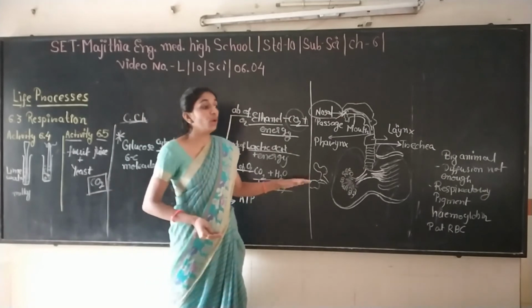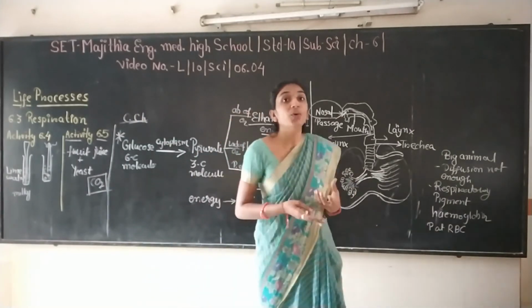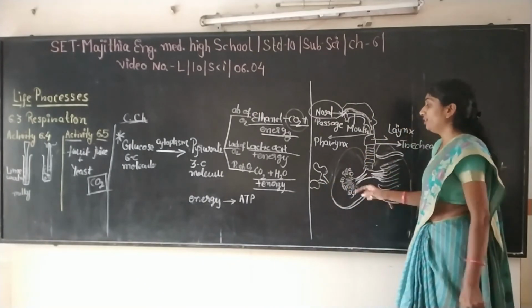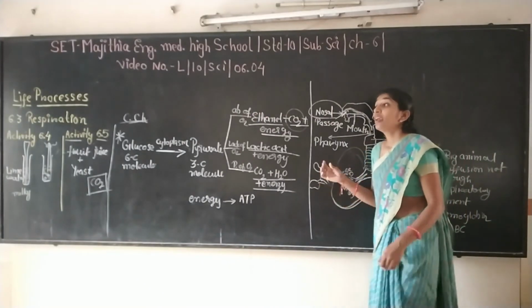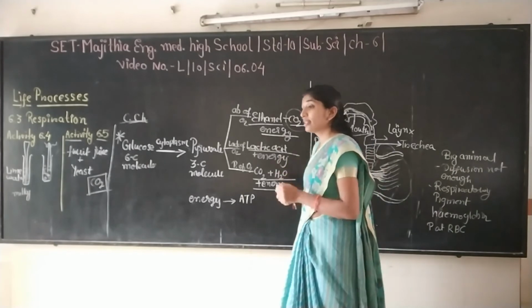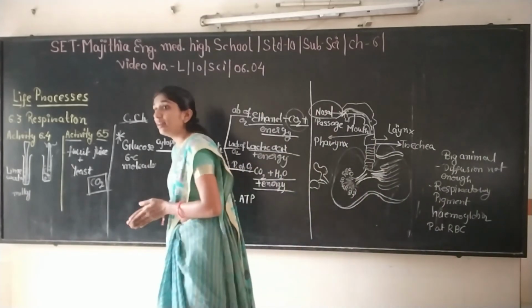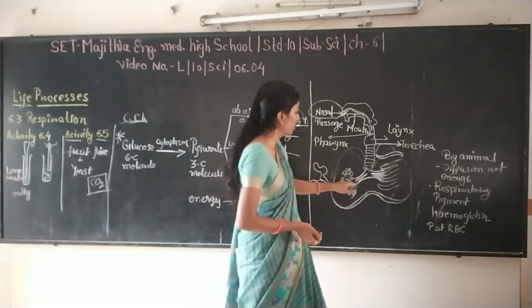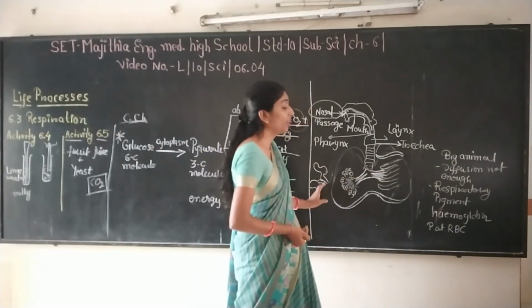Singular is alveolus, plural is alveoli. Because they are in plural form together, a bunch of them, we call them alveoli. Over there, blood vessels are connected to them, and these blood vessels bring the blood with them, and the oxygen is going to be transported.